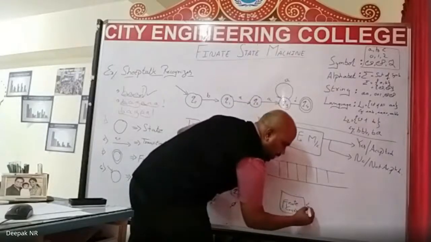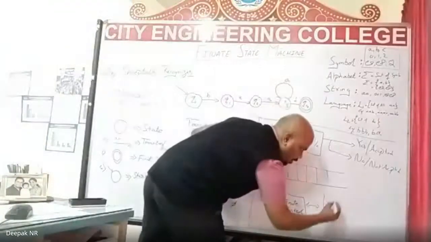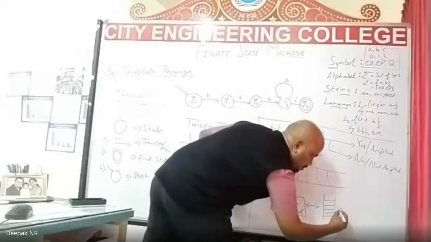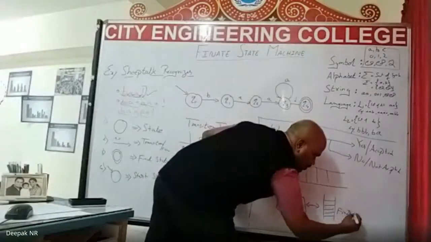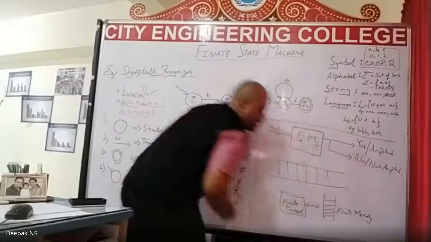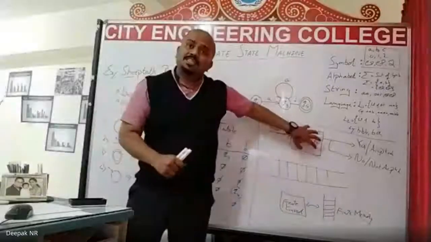For the given finite control, there will be a read-write head for a finite memory. What will be inside this machine?